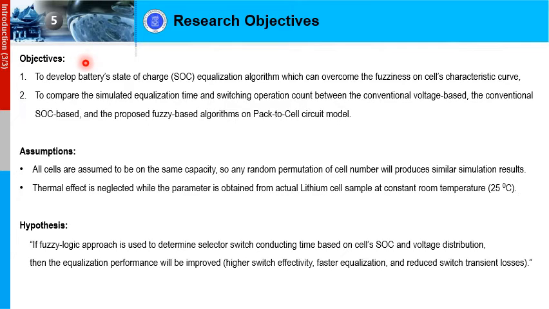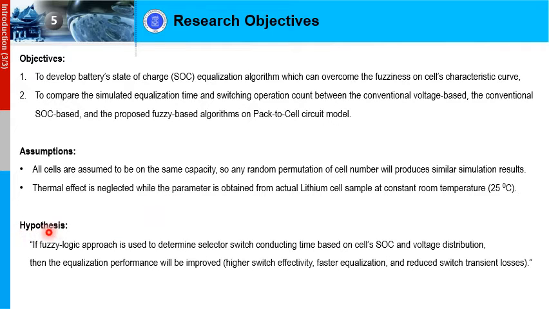The objective of this research is to develop a battery state of charge equalization algorithm, which can overcome the fuzziness on the cells' characteristic curve. And then we simulate the proposed design and compare the results between the conventional algorithm and the proposed algorithm on a back-to-cell circuit model. We assume all cells have the same capacity and any thermal consideration is neglected.